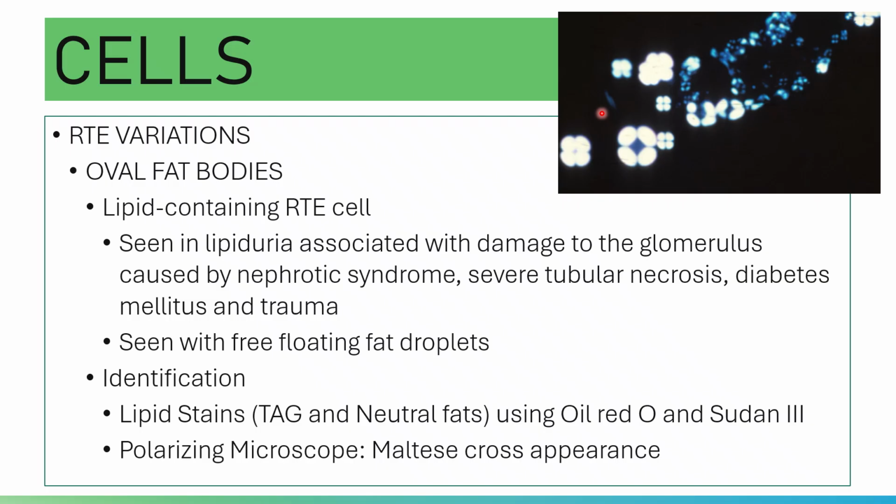When free or incorporated droplets contain large amounts of cholesterol, they will exhibit a Maltese cross formation under polarized light. A Maltese cross formation indicates a positive result for polarizing microscopy.